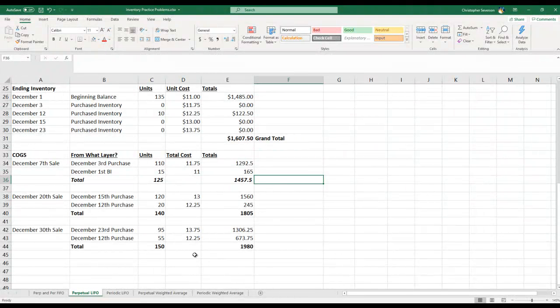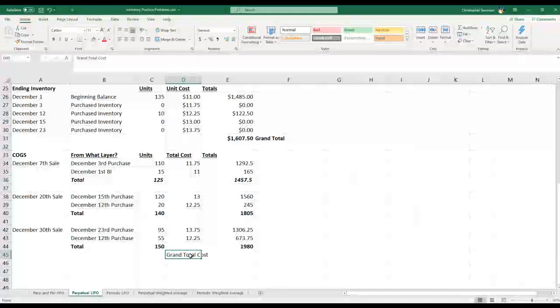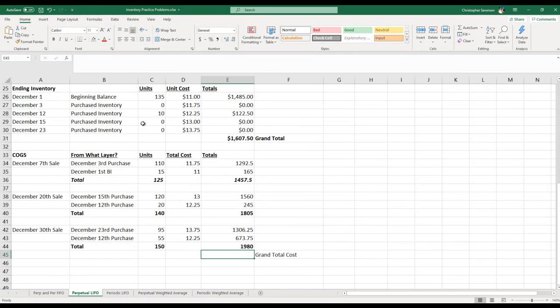At this point, let me move that over here. Grand total cost. We have the grand total of the ending inventory. Now we just need to add up the costs related to those three sales.